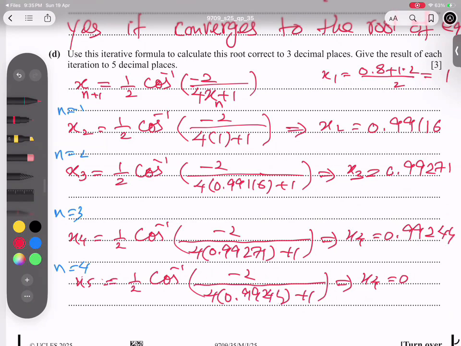Okay, I'm replacing here 0.99244. And the answer turned out to be 0.99249. And now you see that it starts repeating at 3 dp. So our answer turned out to be 0.992. And we got our answer.